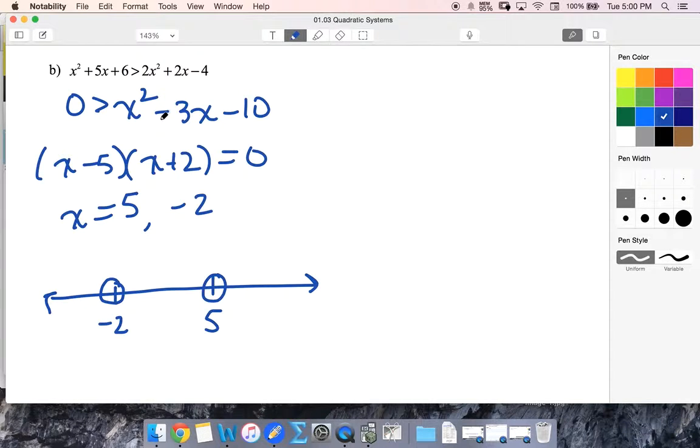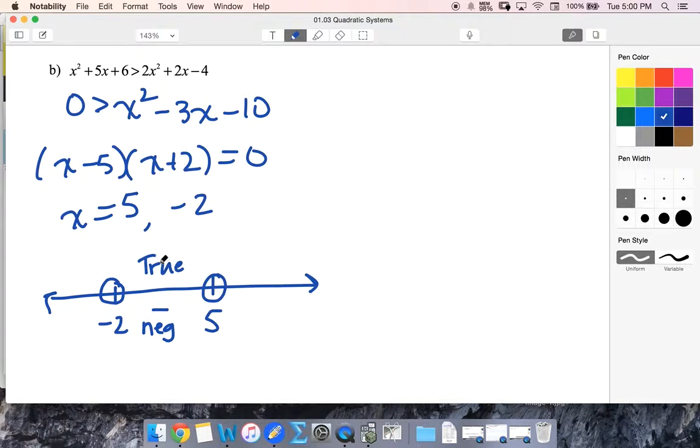When I plug in a number in the middle, that's 0, I'd get negative 10. So 0 is greater than negative 10. That's true. So I could either say to myself true, or I could say that it's a negative value, or I could write negative, however you want to do it.